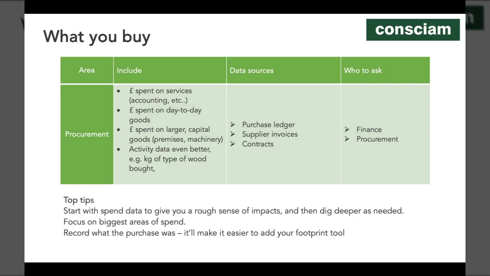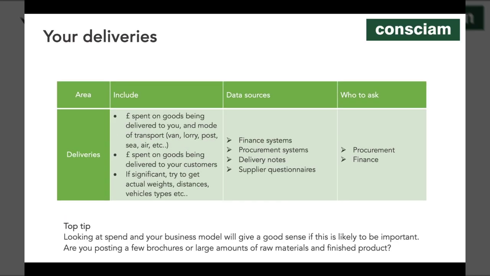But as I said, we start with spend data. It helps us see where those hotspots are. When we look at the next area, so this is delivery data, so transportation data, again, we can start with how much you spent, because that data should be readily available either from the finance system or perhaps from delivery information, a portal, or talking to your suppliers.